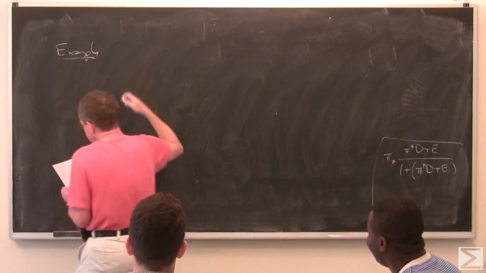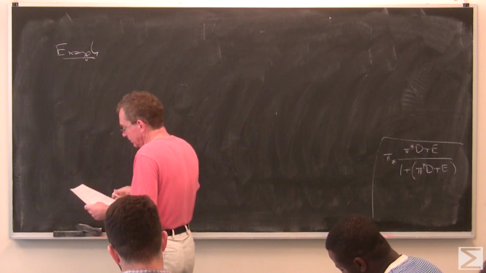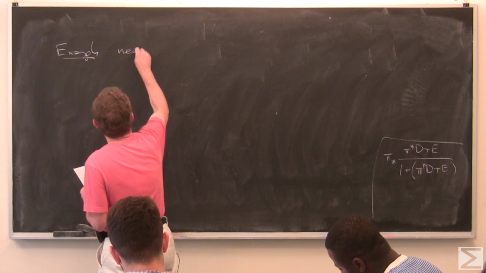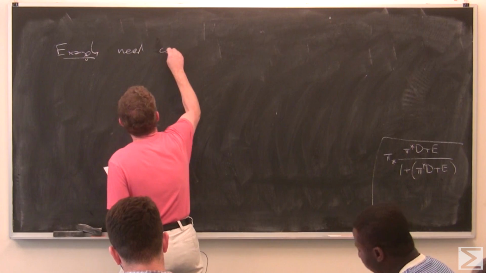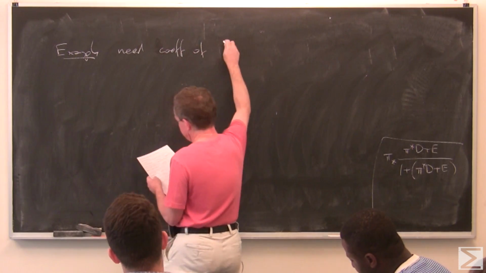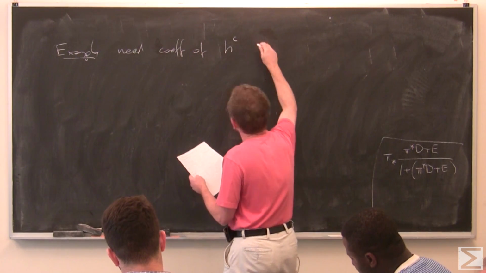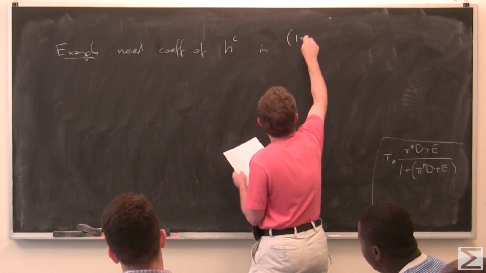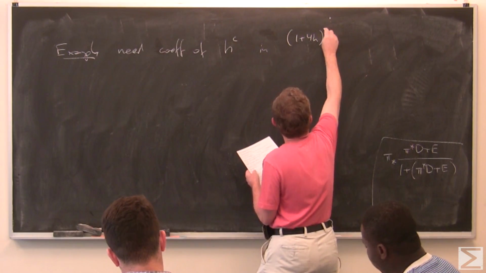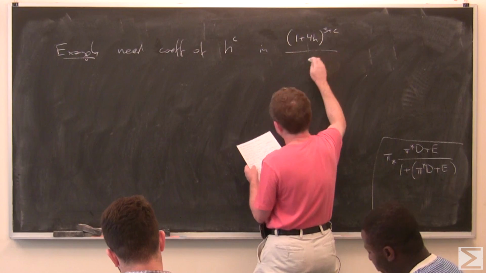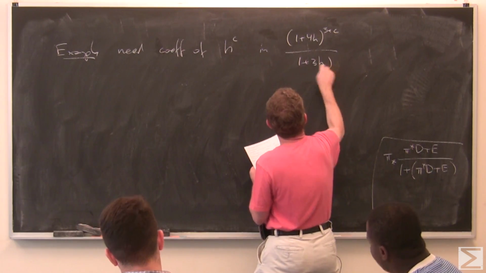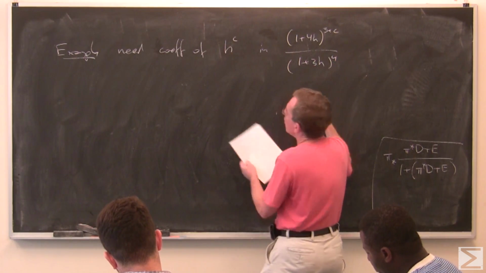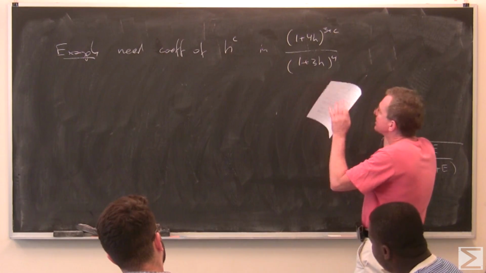Suppose that you're doing some computation, maybe some enumerative computation, whatever, and you need the coefficient of h to the c. This is a contrived example, of course, but it looks like the kind of things that I find myself doing often. You just need this coefficient.